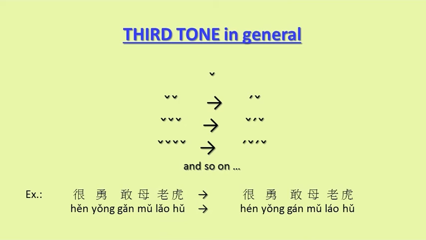And consequently, the third intonation of n-3 pinyin has to change to the second intonation, and so on. For example, hen, yong, kan, mu, lao, hu is pronounced as hen, yong, kan, mu, lao, hu. Note that all these 6 characters are originally third intonation pinyin.